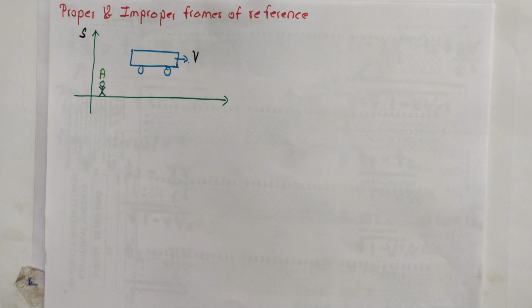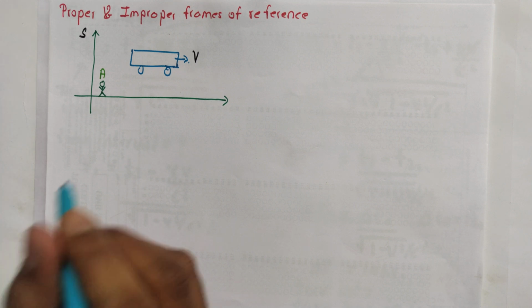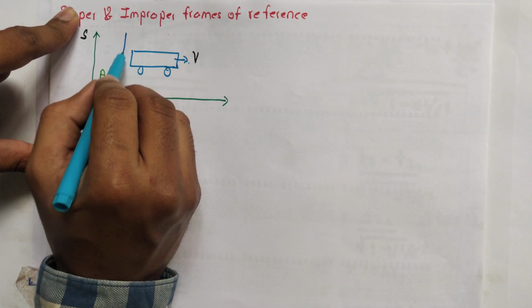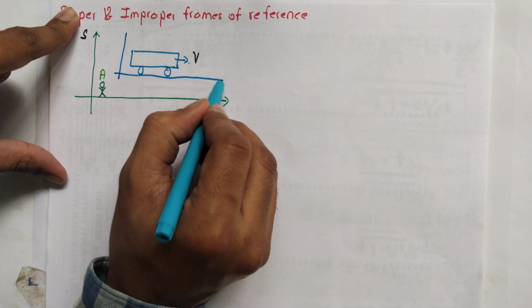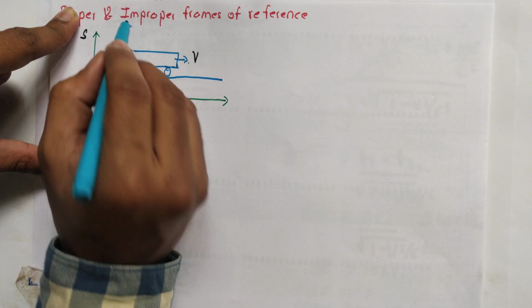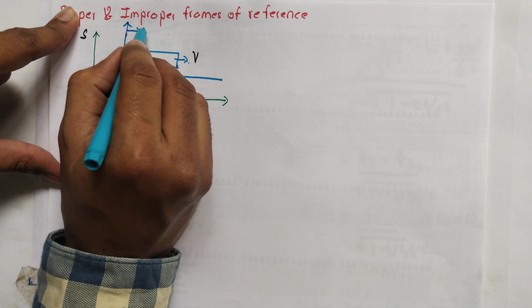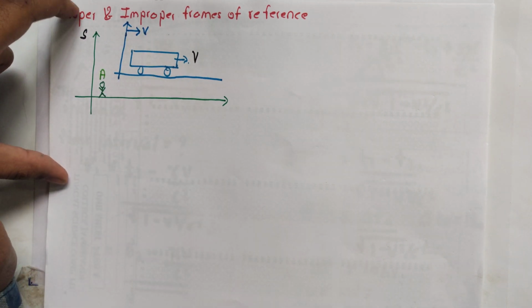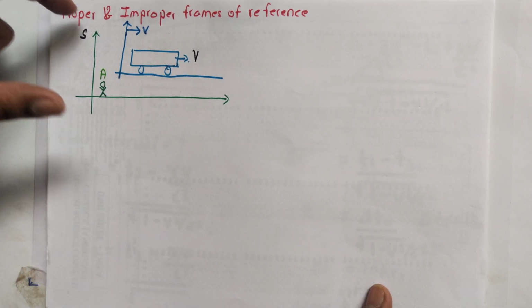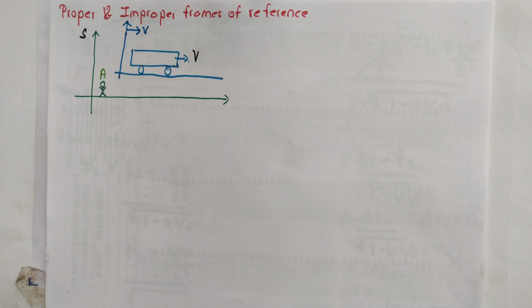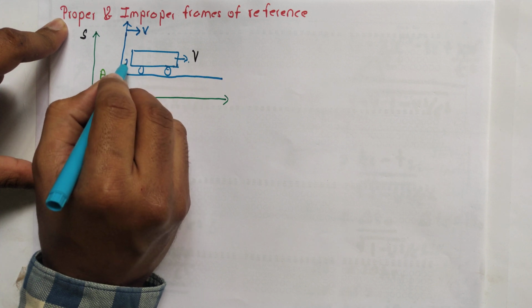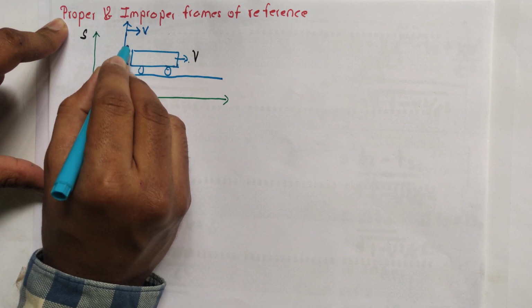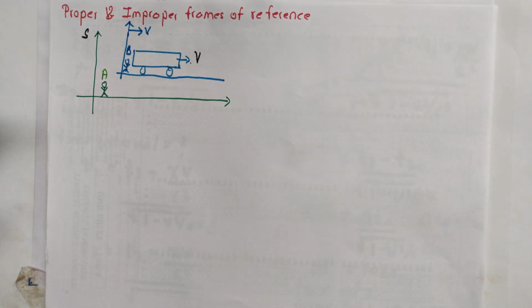Now, if we consider another frame of reference, that frame of reference is moving along with this train, with the same velocity as that of the train. That means it is moving with the same velocity as that of the object. Now, if you consider this frame of reference and an observer in this frame, let us call this observer B, then according to B, the train is at rest.